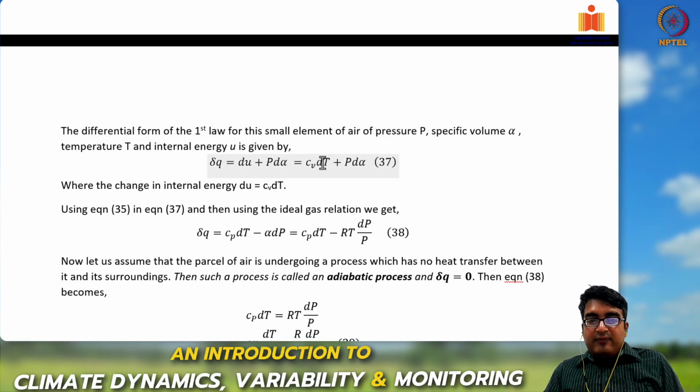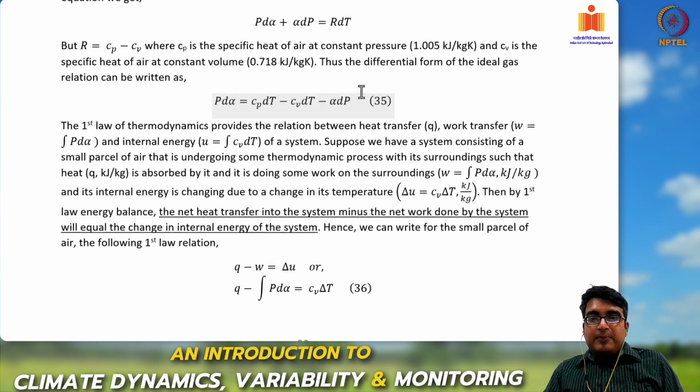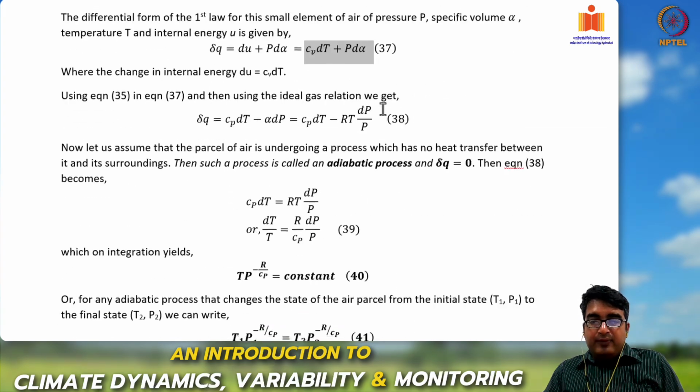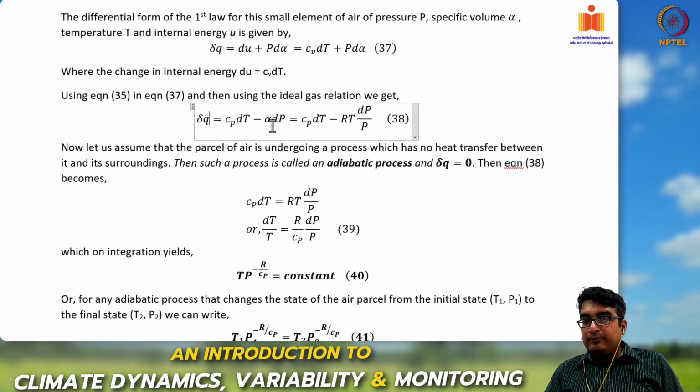Here we have Cv dT plus P d alpha. So replace this expression by the expression in equation 35 to get the final expression: delta Q equals Cp dT minus alpha dP. So Cv dT plus P d alpha has been replaced by Cp dT minus alpha dP.